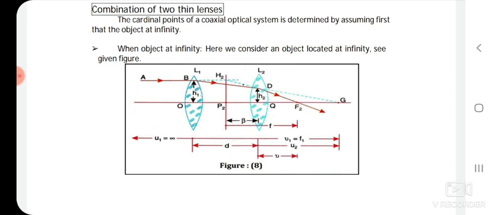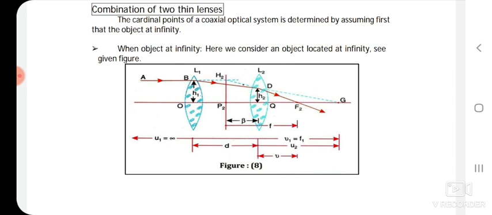We can see in this figure, the lens L1 forms an image at G. If a single lens system is there, the image will form at point G. However, because of the presence of the second lens L2, G becomes the virtual object for L2.